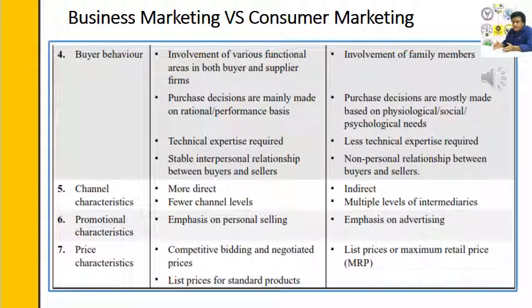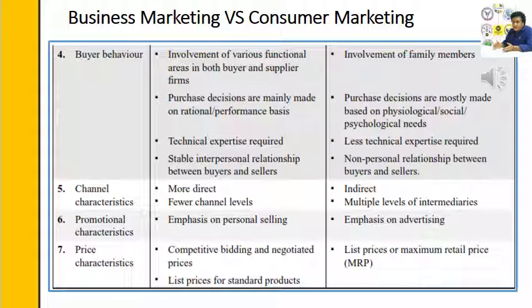Continuing with consumer marketing versus business marketing, the buyer behavior in business marketing is that there is an involvement of various functional areas in both buyer and supplier firms, and purchase decisions are mainly based on rational performance basis, whereas in consumer marketing there is involvement of family members. The purchase decisions are mostly made on physiological or psychological needs.